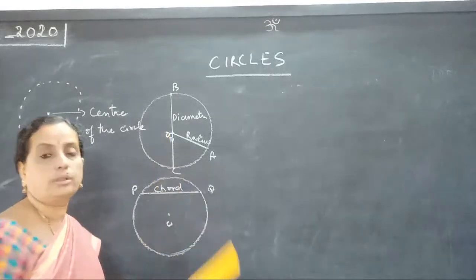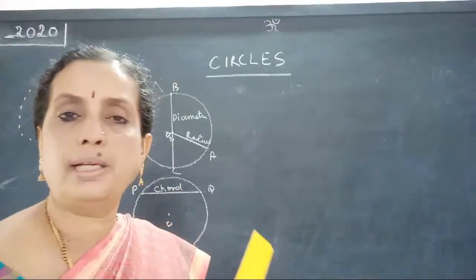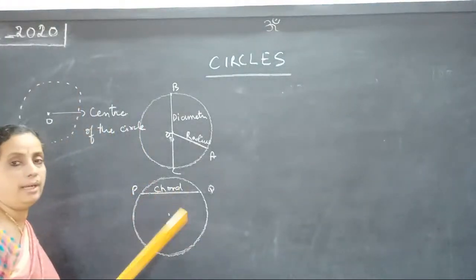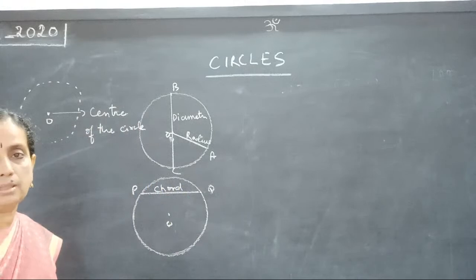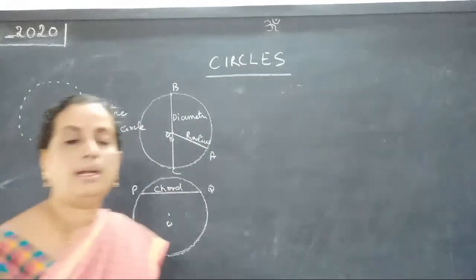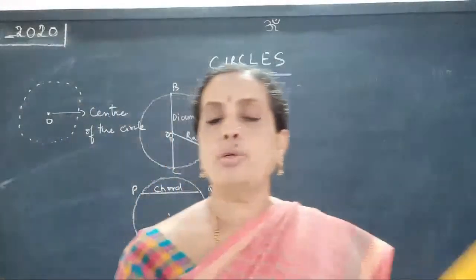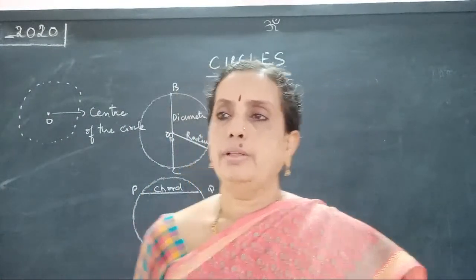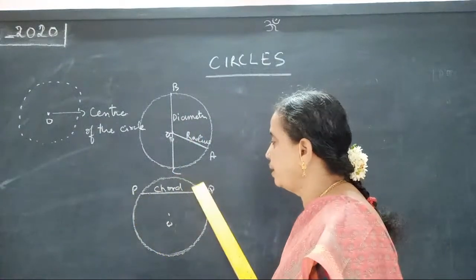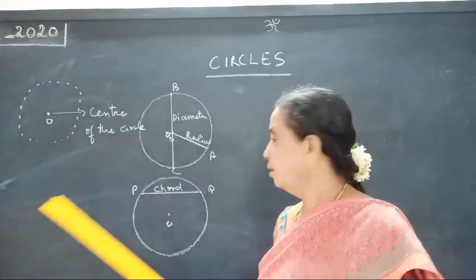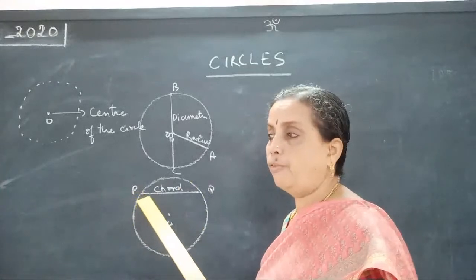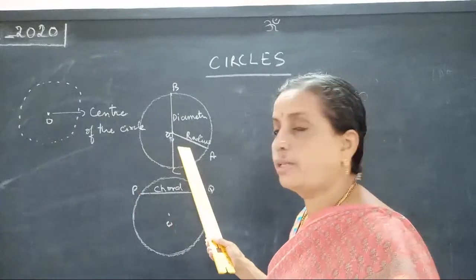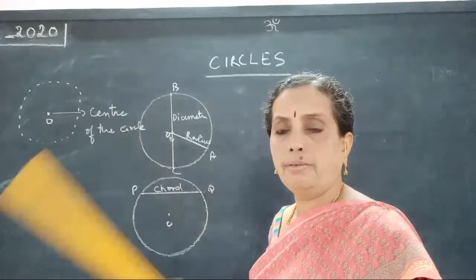Diameter is also a chord of a circle, the biggest chord of a circle. We can draw an infinite number of chords in a circle. A chord is a segment formed when 2 points on the circumference of a circle are joined. This is the radius, diameter and chord of a circle.